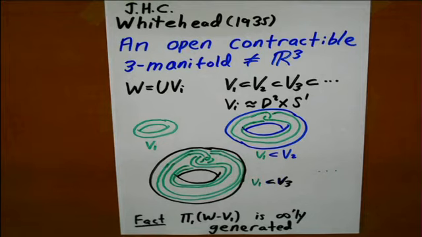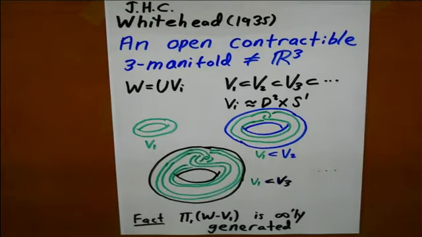In this 1934 paper, he proves that all contractible open 3-manifolds are R3, and that's the way to proving the Poincaré conjecture. But he quickly realized his mistake, and within 6 months or so he published an example of an open contractible three-manifold that wasn't R3, known as the Whitehead manifold.